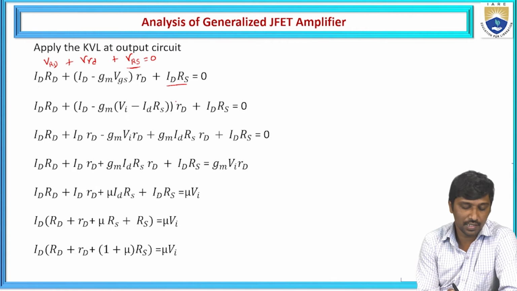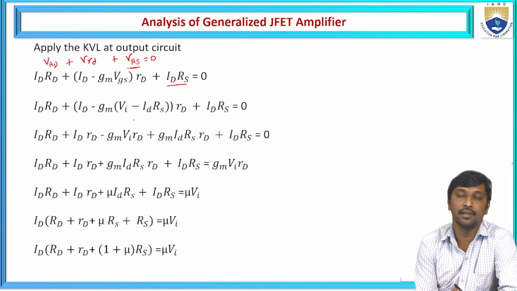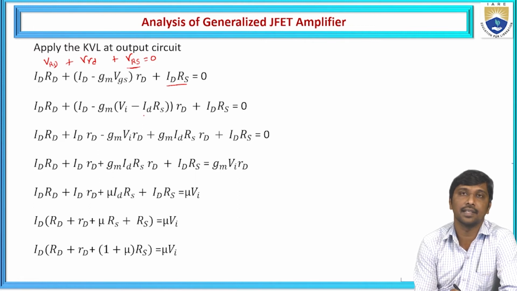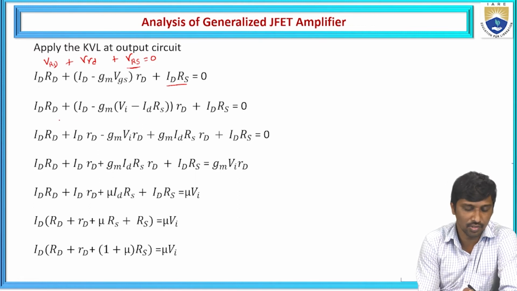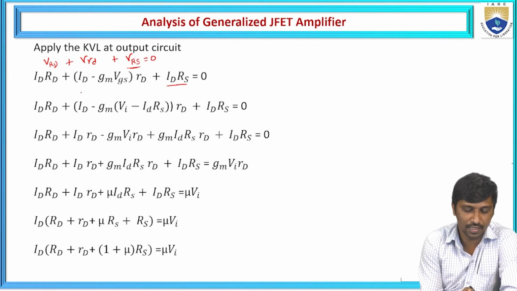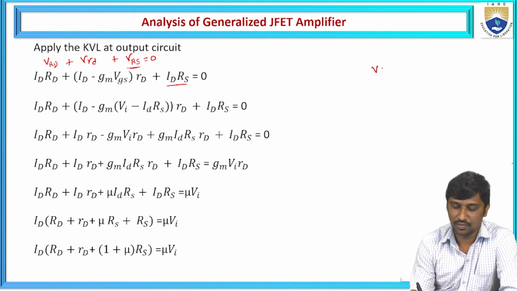Now I can simplify this. From this, we need to identify how much drain current is obtained with respect to all the biasing components like capital RD and capital RS, along with the internal transconductance as well as the internal drain resistance. So I am going to simplify this: ID times RD, plus ID minus gm VGS times rd. What is VGS?